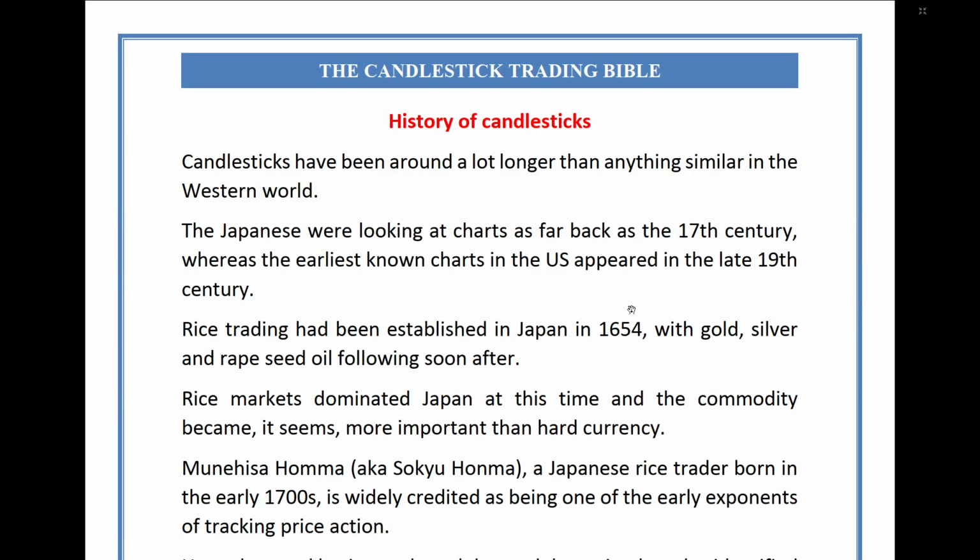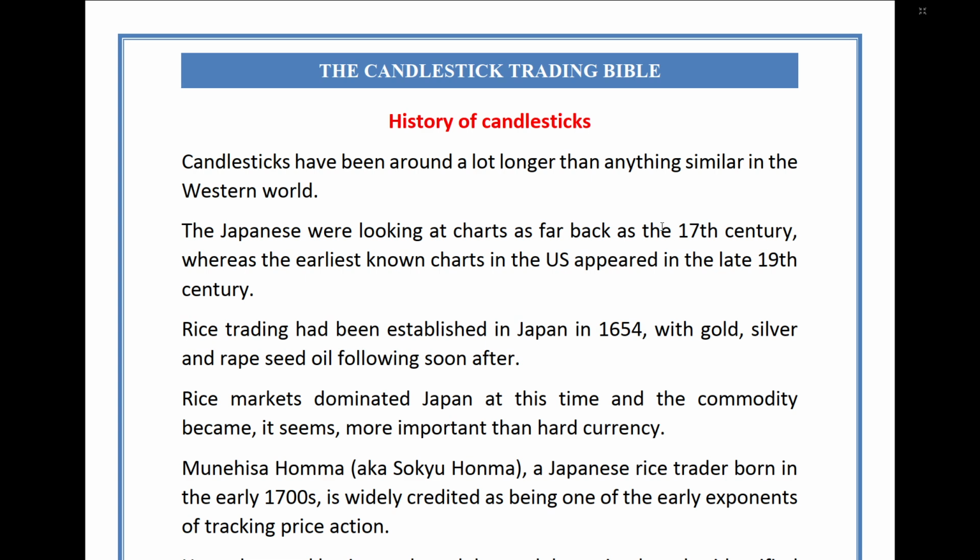So that is basically, guys, as you can see, here is the history. Candlesticks have been around a lot longer than anything similar. The Japanese were looking at charts, can you imagine, in the 17th century; there were people using candlestick charts, whereas the earliest known charts in the US appeared in the late 19th century.